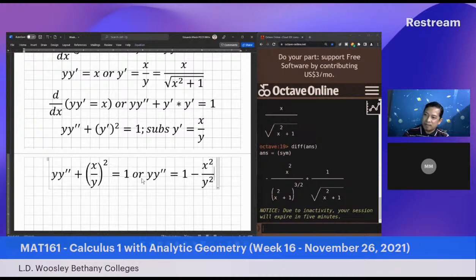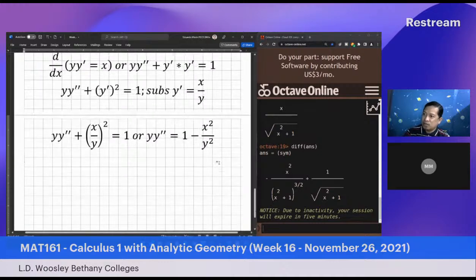Tama ba? Okay, linagay ko lang sa kabila. And from here, we could solve for y double prime. And then y double prime is equal to what? One minus. Okay, 1.